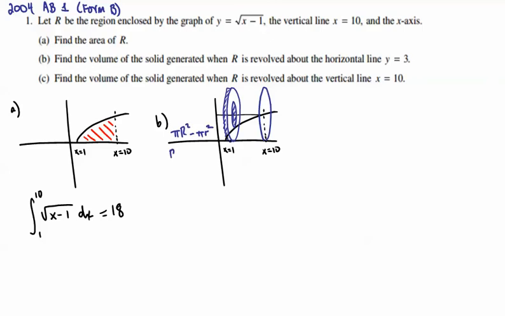So we would have that capital R is equal to 3, and little r is actually going to be 3 minus the height of the curve, which is 3 minus the square root of x minus 1.